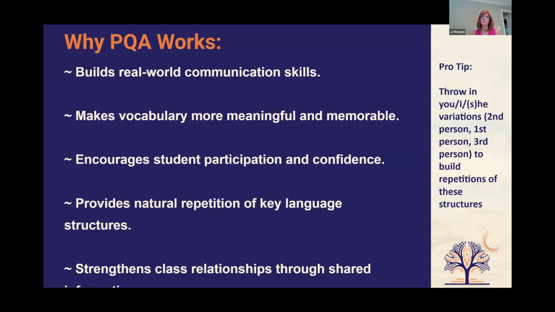A pro tip with PQA is you throw in you, I, or she, he variations, so second person, first person, and third person, to build repetitions of the same structures.